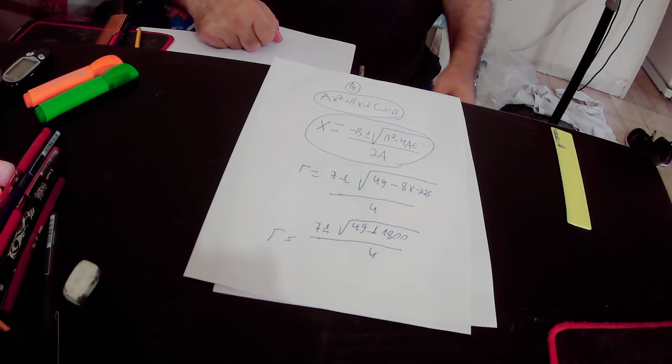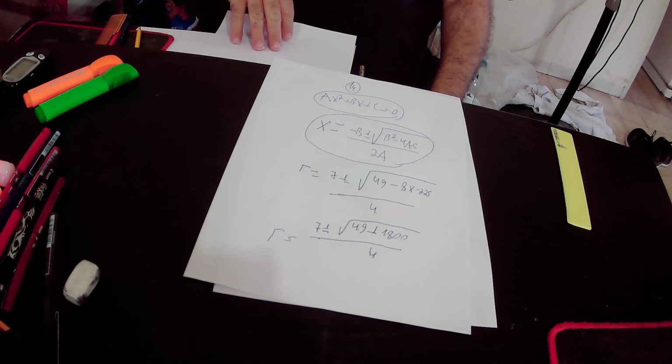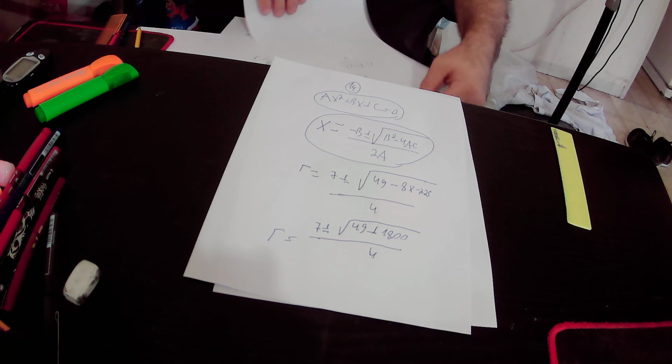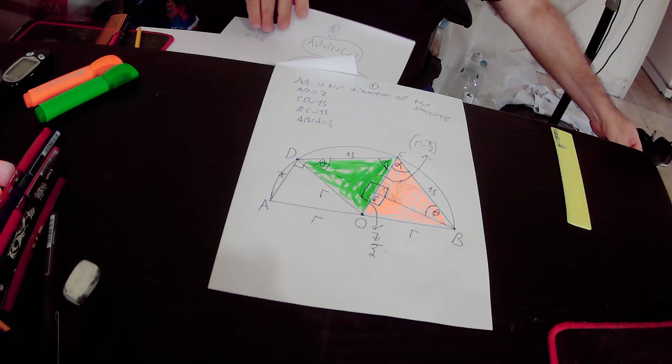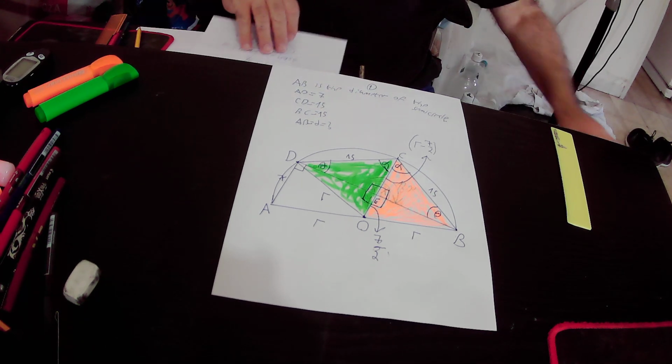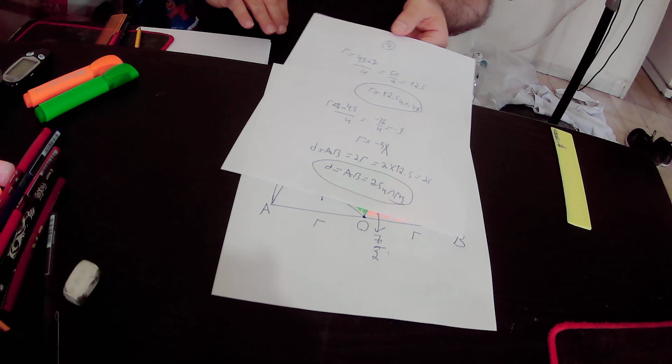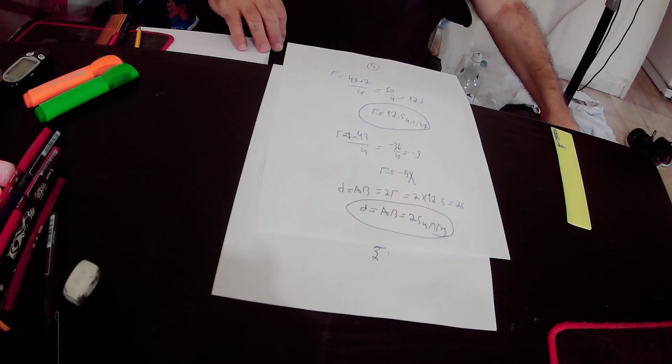And we have already found the values of a, b, and c, and x equals R, the radius of the semicircle. So the only thing left to do is to substitute the values of a, b, c, and x, and we found that R equals either 12.5 units, or minus 9.